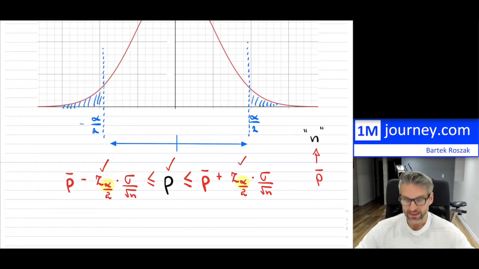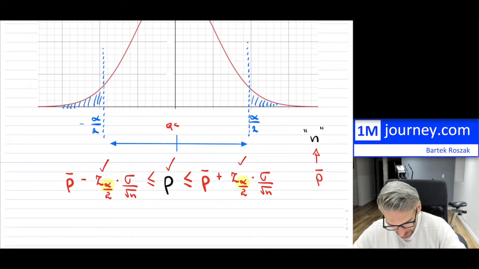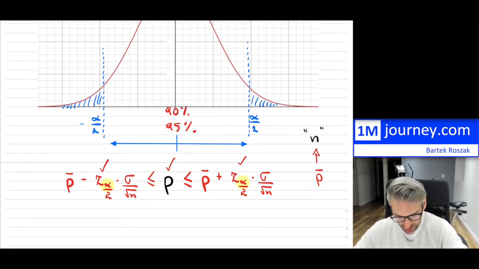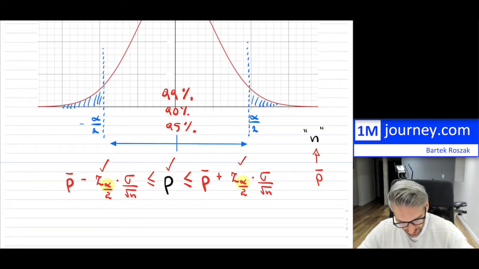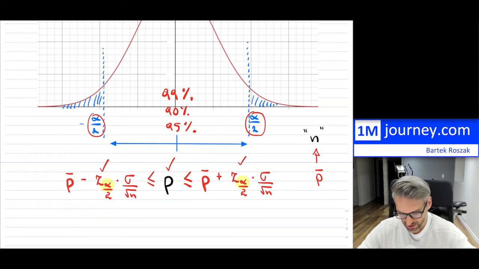Now, my threshold doesn't change, so this threshold over 2, again, I can have some confidence level, so maybe a 95% confidence level, or maybe a 90% confidence level, as we talked about in that video, or maybe 99, which are the most common ones. So in this case, I can pick off my threshold here, and on the left to see what it is. So this actually stays the same.